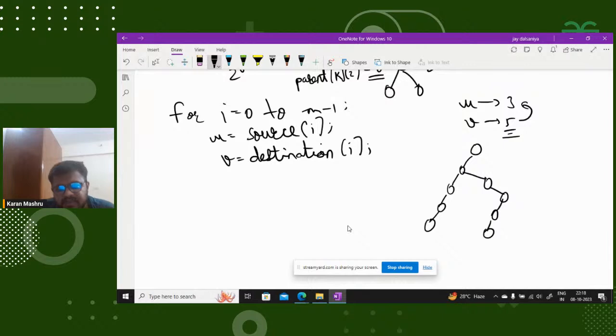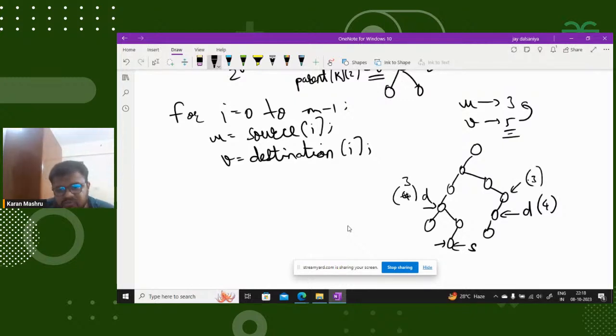Suppose this is my source and this is my destination, right? Another case can be this is my source and this is my destination. The level of destination here is 4. Or it's 3. Okay, let me take this as destination.